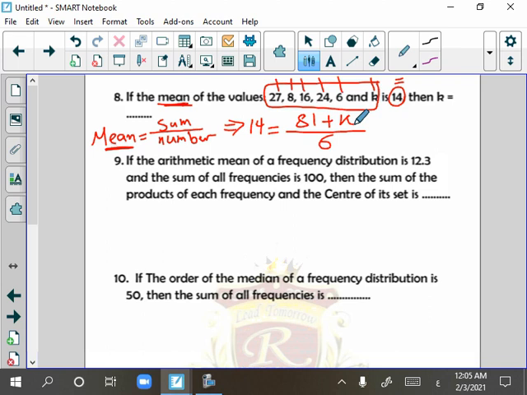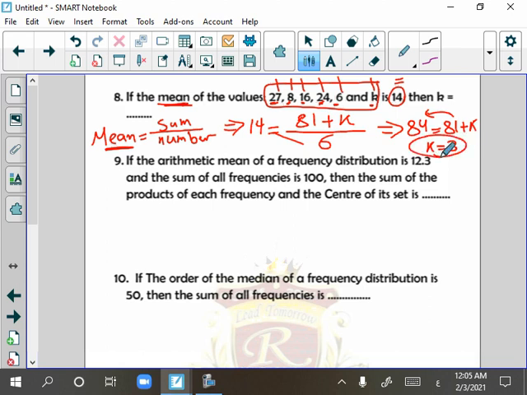When we sum 27 with 8 and 16 and 24 and 6, it will be 81 plus k. Okay, we will do cross multiplication. 6 times 14 equal 84 equal 81 plus k. When 81 goes to the other side with a negative sign, then k equal 3.